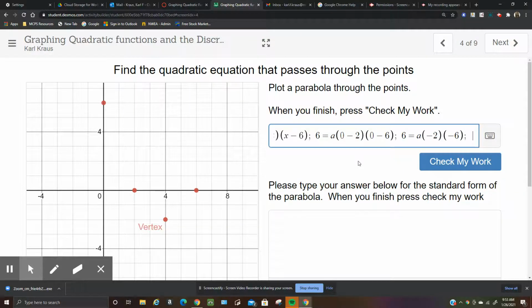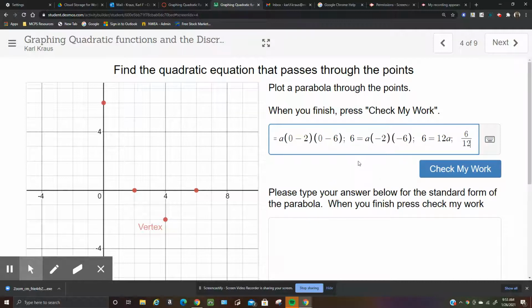And 6 is equal to 12a. Divide both sides by 12, and we get 6/12 equals a, and simplifying, 1/2.